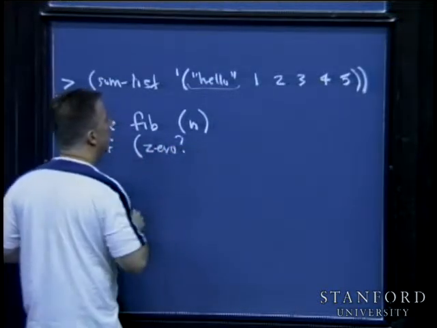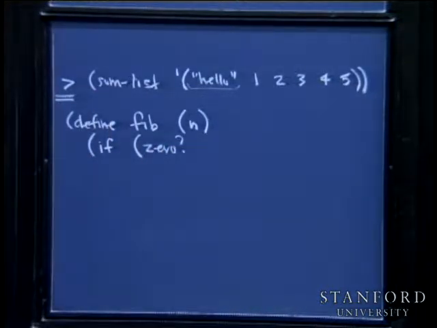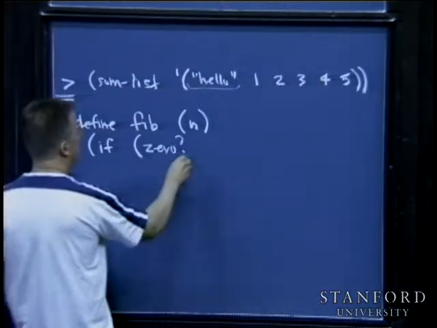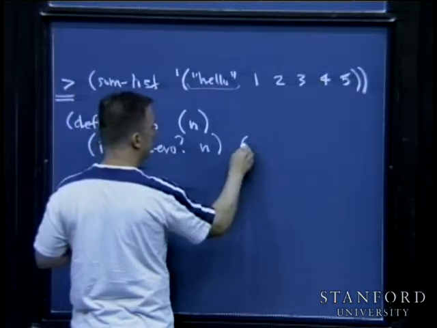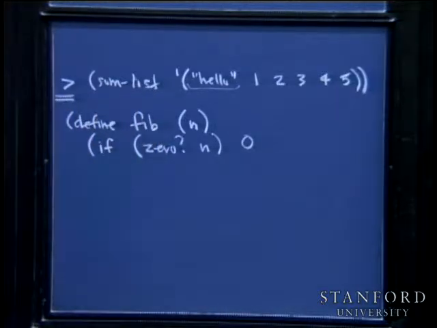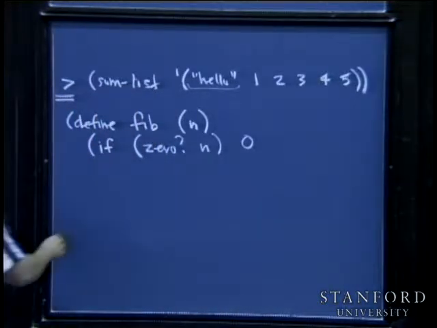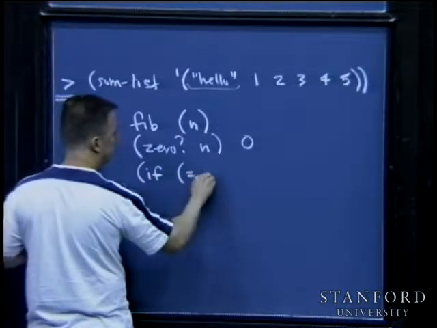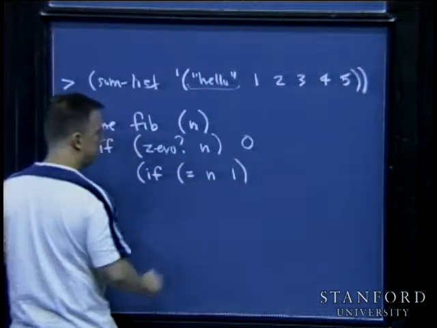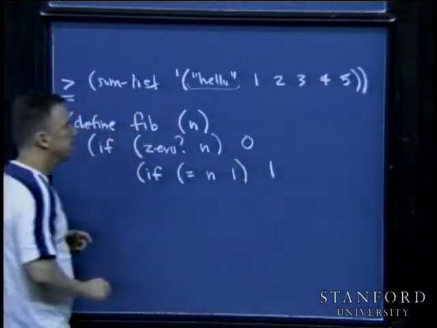There's a built-in called 0 question mark. The question mark is legal part of the syntax just like it is part of null. It's supposed to stare at you and say there's a question being asked about the data that's an argument. And if that's the case, you just go ahead and return 0. Okay. Otherwise, you can do this, in which case you can return 1.